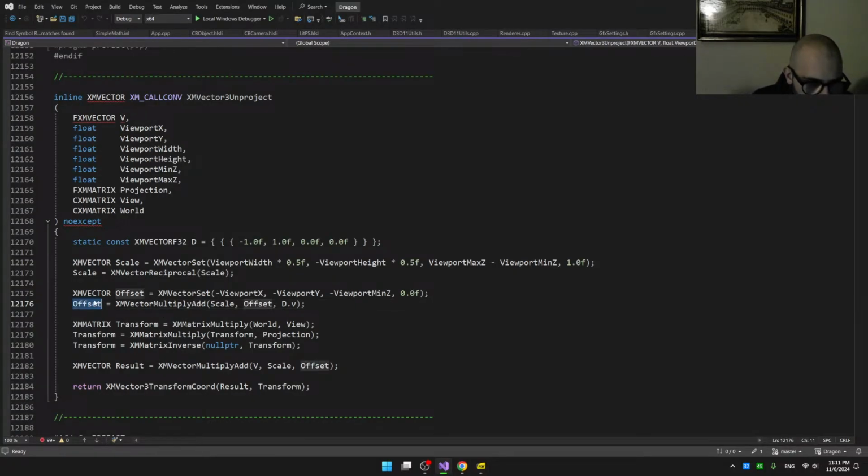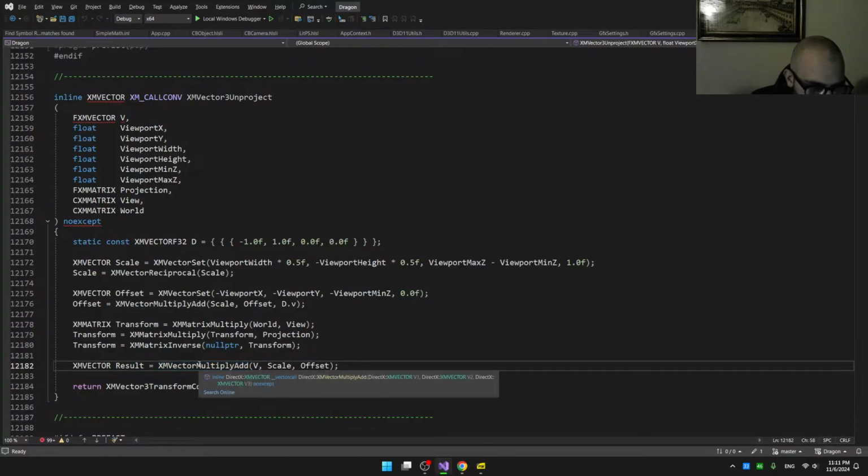This is the offset. The transform: we take the world, the view, and the projection, we take the inverse of that, perfect. What's V?